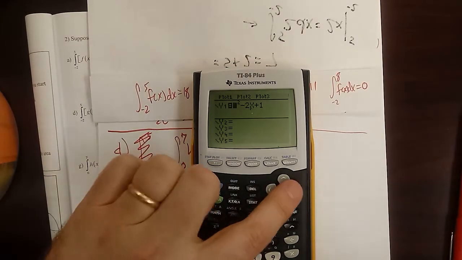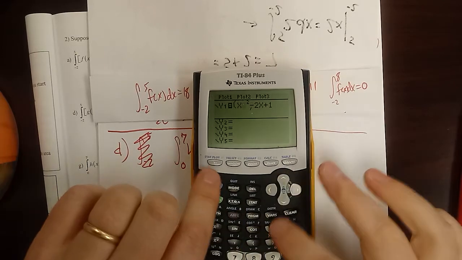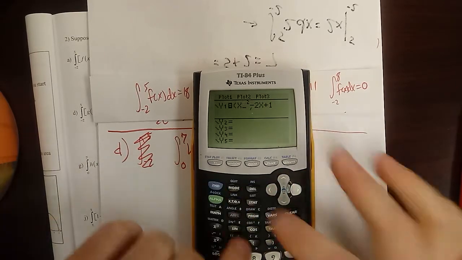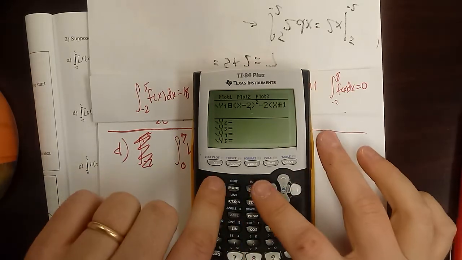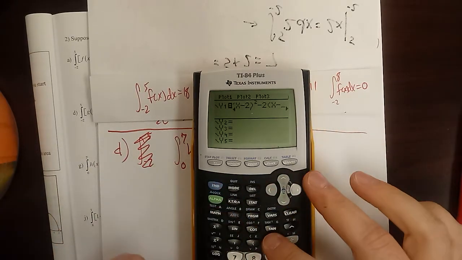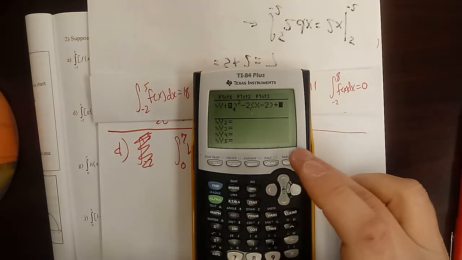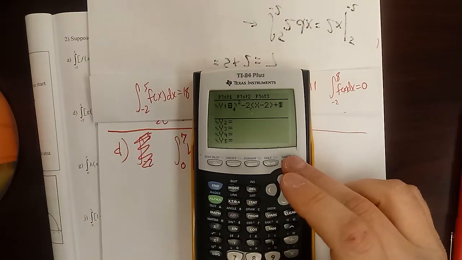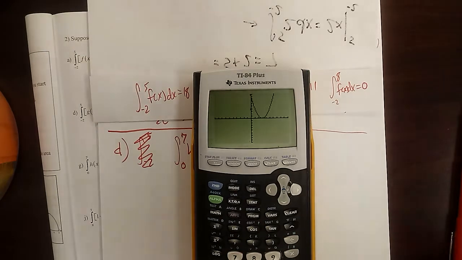I picked random numbers. But what if we had done x minus 2 anywhere I saw an x? What would happen to this graph? It literally just moves the whole graph to the right 2.